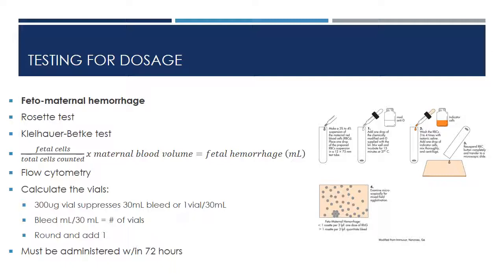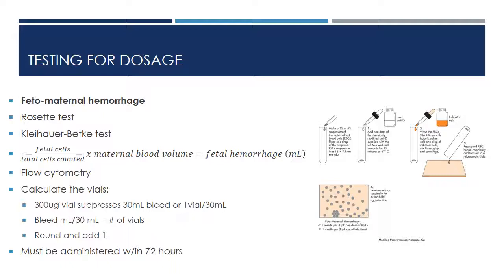The cells that contain fetal hemoglobin are resistant to acid treatment. And so this is a smear, it's a stain test. I don't know if you've done it in a blood bank yet, but in the lab, you make a thin smear of the maternal blood, that's the blood that you have, and you treat it with acid. And you rinse it, and then you counterstain it with a red stain. And you read the cells.